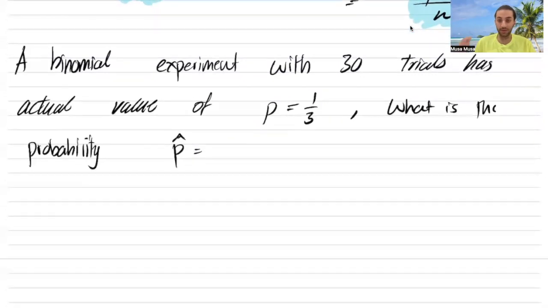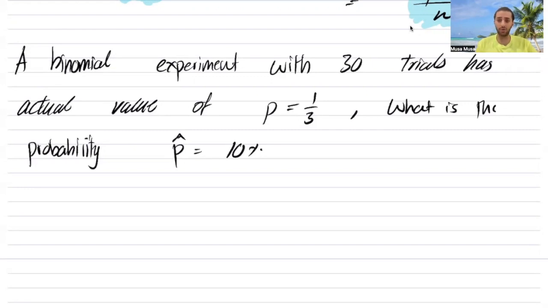P hat, which is the sample, is going to equal, and actually, let's try to make this a bit more interesting, 10%. Okay, so you can tell we're asking ourselves what's the probability for the binomial, the sample proportion rather.